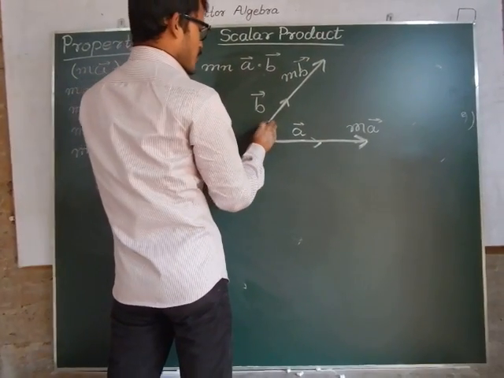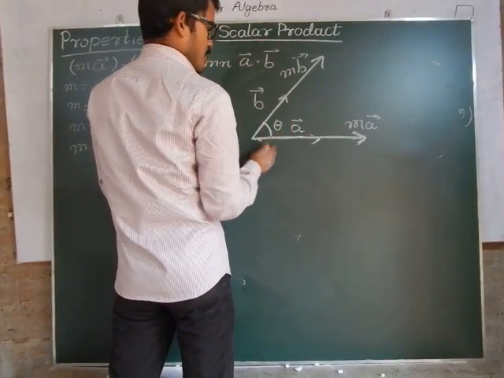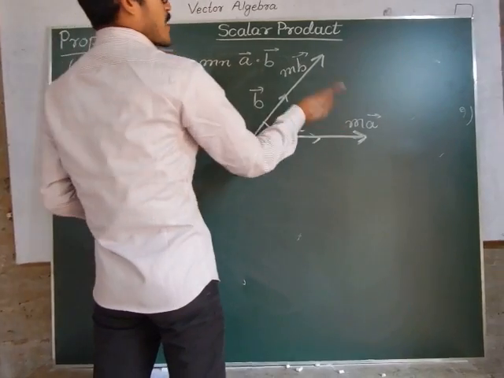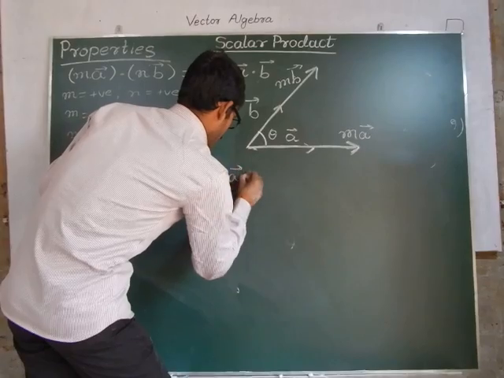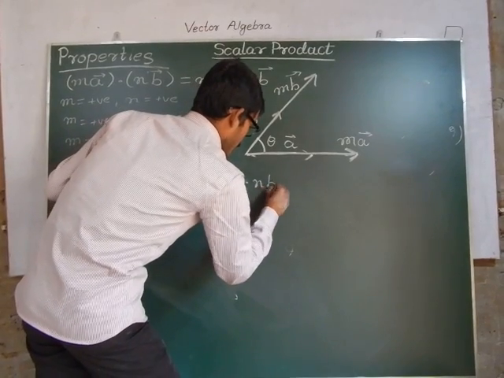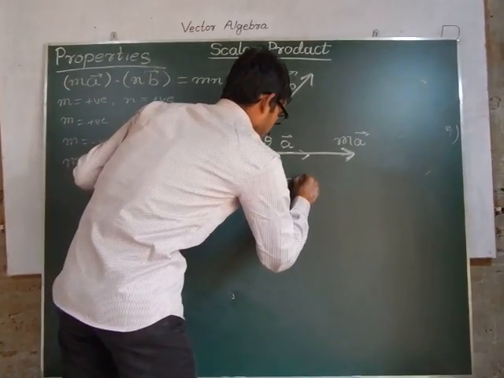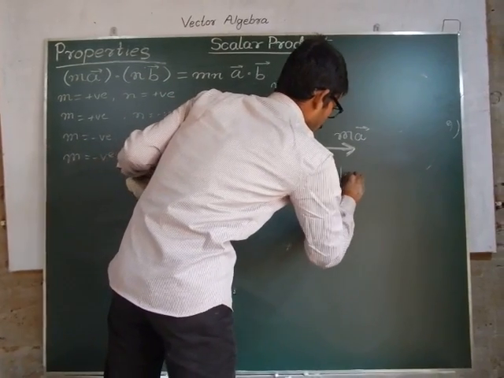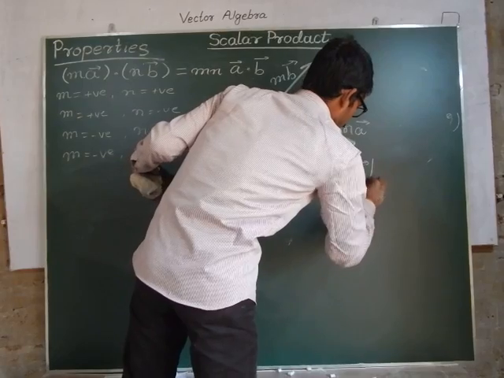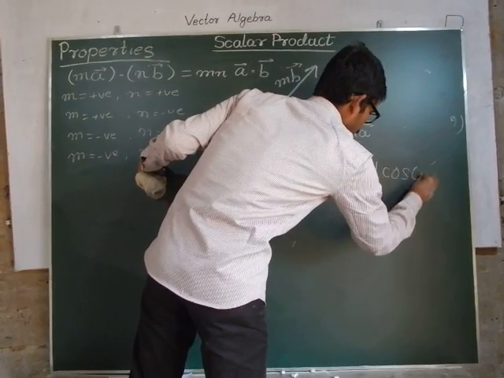If theta is the angle between A and B, then theta is also the angle between ma and nb. ma dot nb is equal to magnitude of ma into magnitude of nb into cos theta.